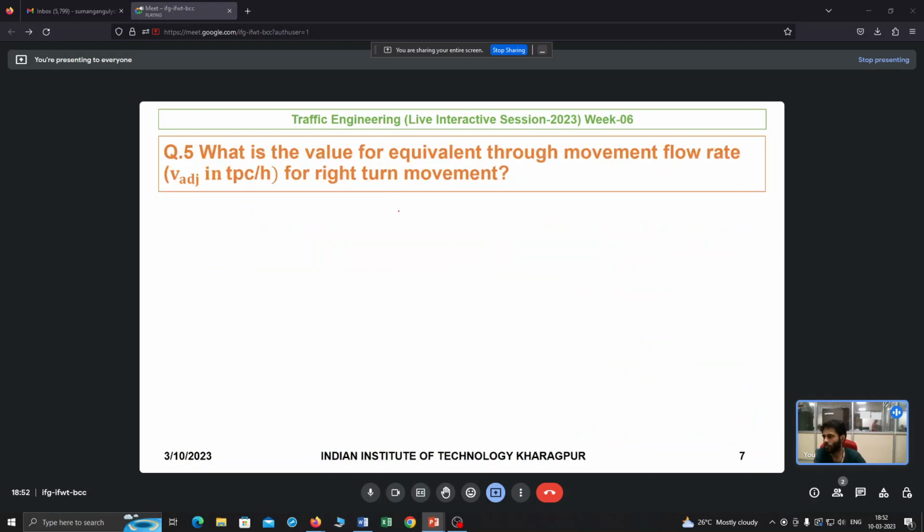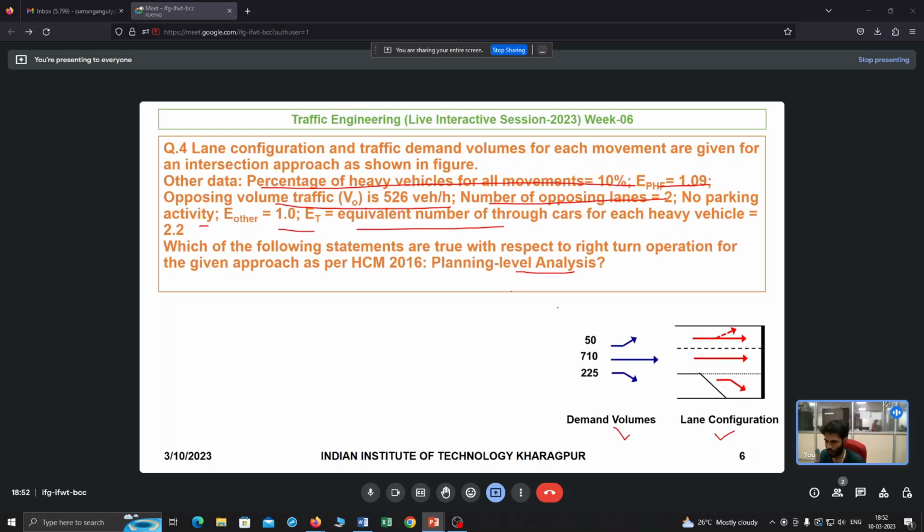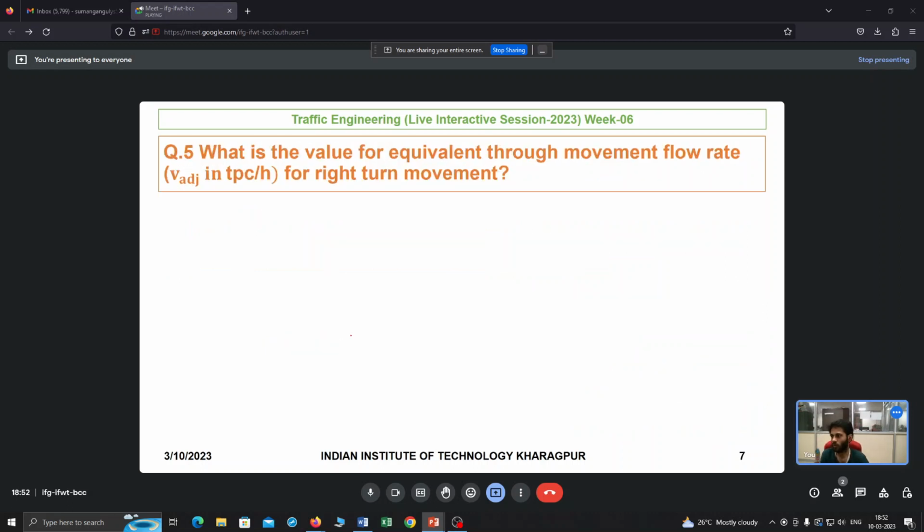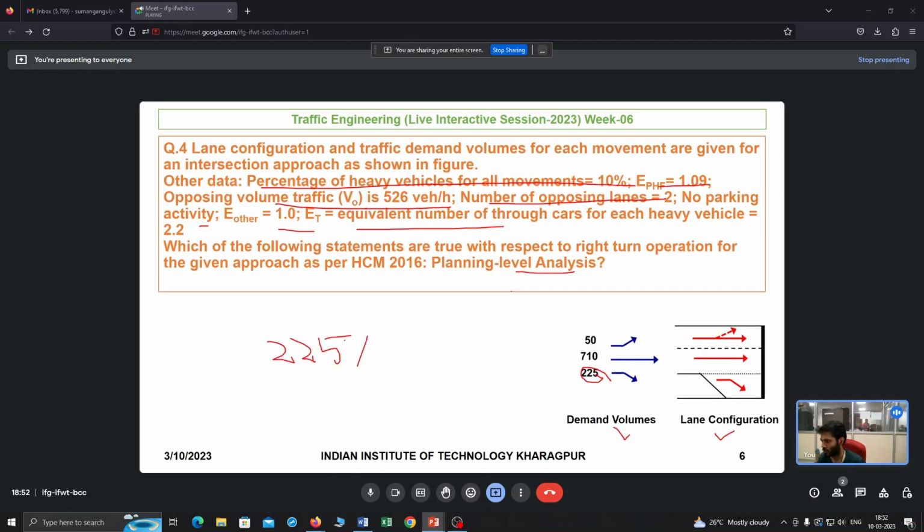So what is the value for equivalent through movement flow rate for right turn movement? For right turn movement is 225. What is the equivalent through movement flow rate? So you have to include the adjustment factors.